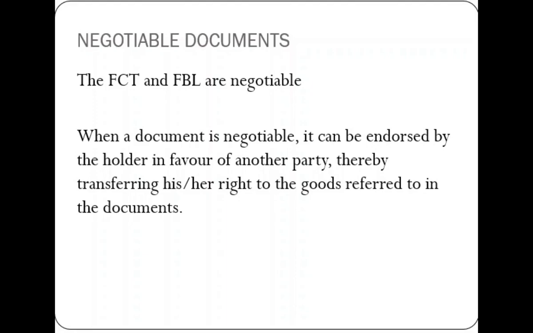Each one of them can be endorsed by the holder in favor of another party, thereby transferring their right to the goods referred to in the document. That is what negotiable means. Negotiable means it's accepted, it can be traded. Documents that can be traded are negotiable documents, and there are two, FCT and FBL.